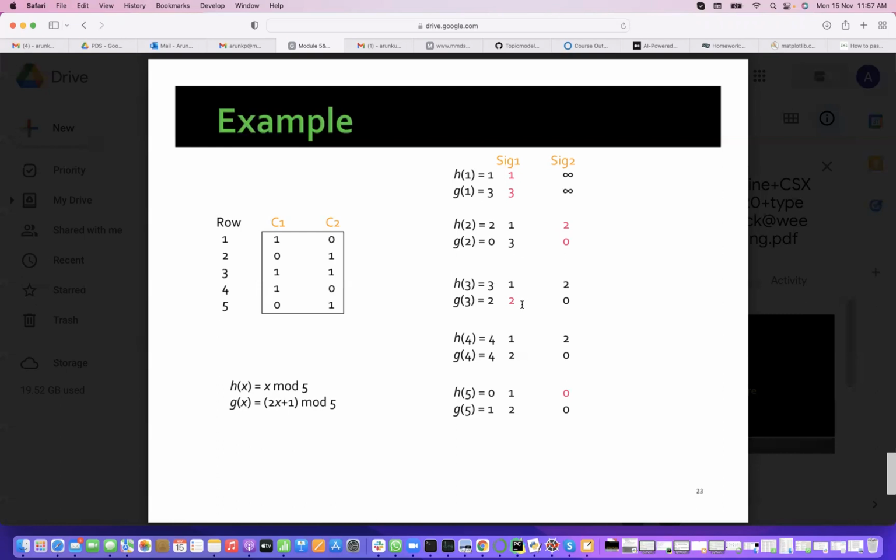Yes, so we will replace that. Earlier we thought the first row, 3, is where we would see 1, but now the second row is also having 1. So we will replace 3 by 2. You can see the color change here. Anyway, once you get 0, there is no need to look much further, right? You cannot replace anything less than 0.